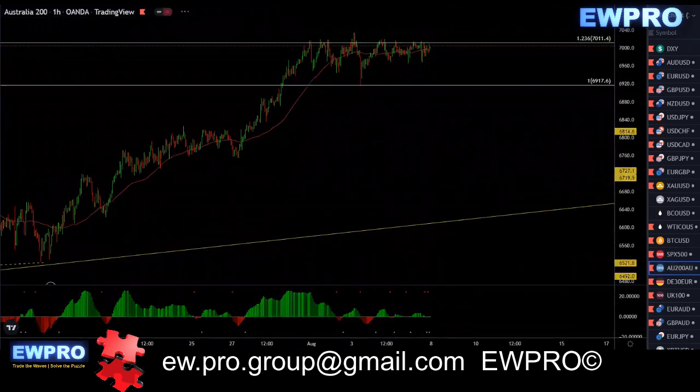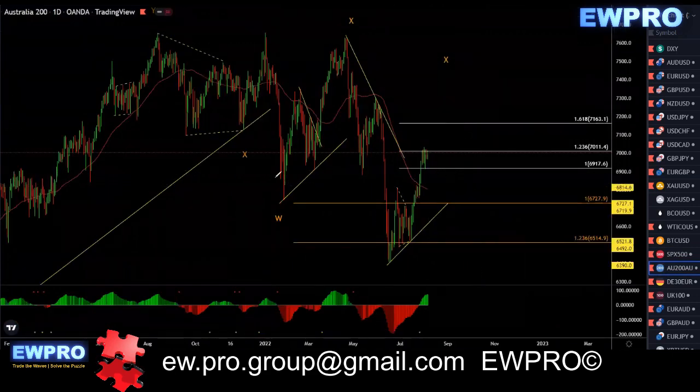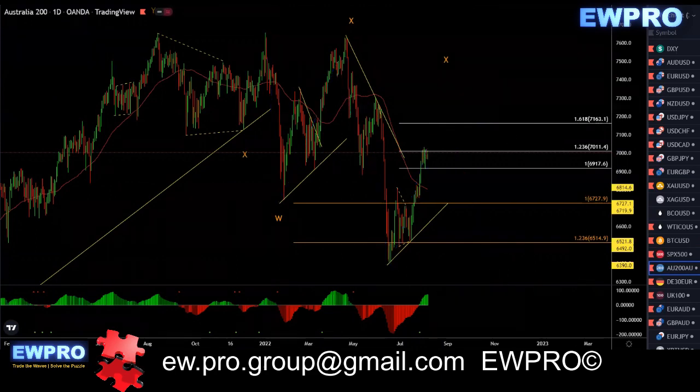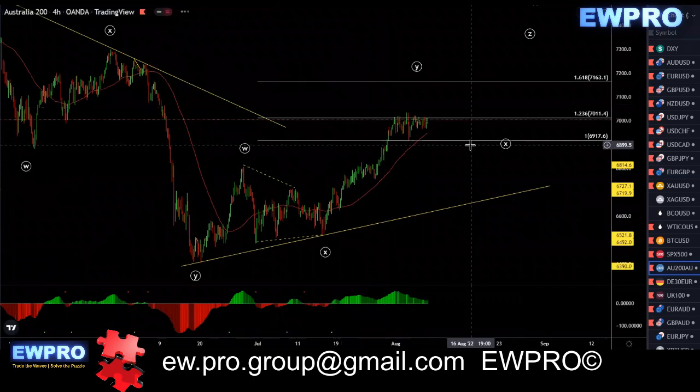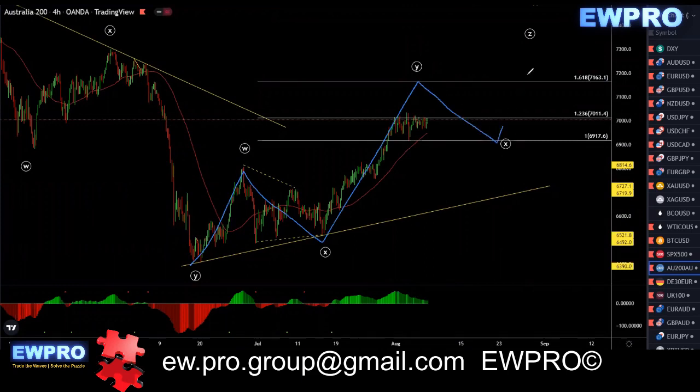AU 200. So we're looking at that W, very deep X, a Y. We'll be looking for an X2 and a Z down. So on the H4, you can see we're looking at WX, Y, X2 and a Z up.